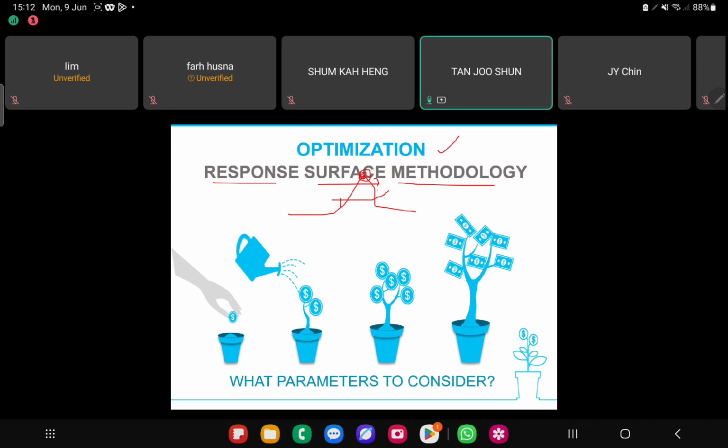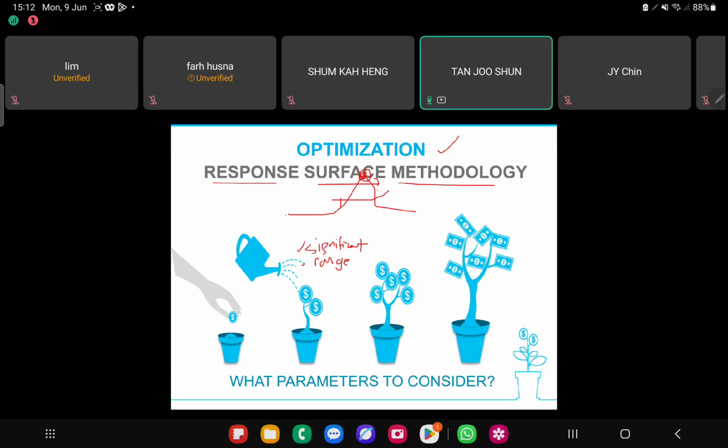First, you have to know the factors, and whether each factor is significant or not. Second is your factor range, because if you do not know the factor range, it is difficult to find the optimum point.